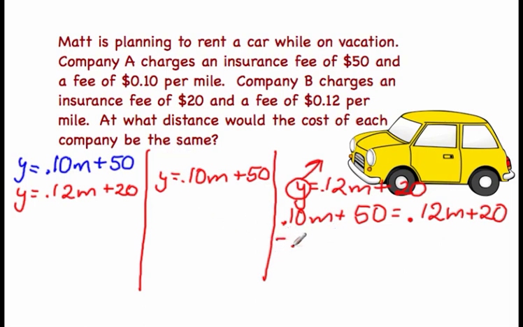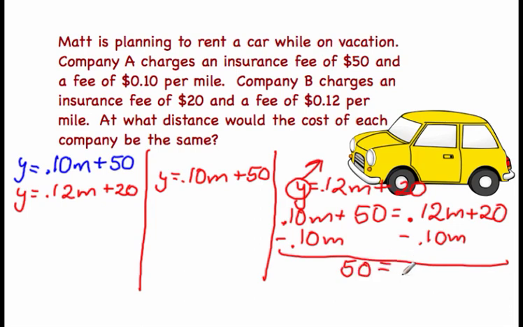So let's subtract 0.10m from both sides. $50 equals 0.02m plus 20. Now when we subtract 20, we get 30 equals 0.02m.